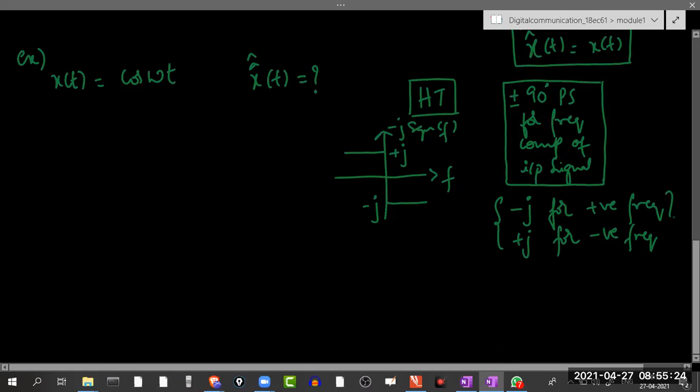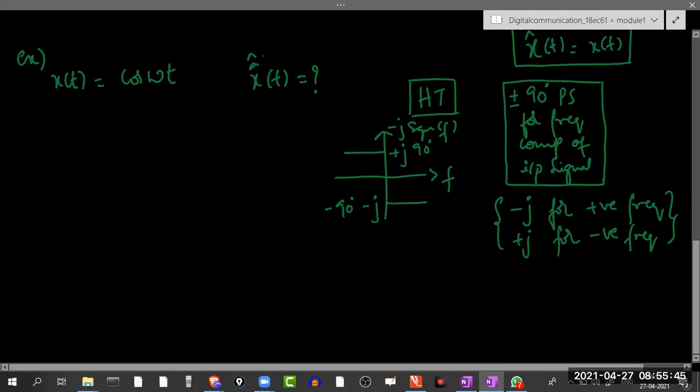So this is what it's trying to do. Here j means positive 90-degree and here I can think of it as negative 90-degree. So it changes the phase by negative 90-degree for positive frequencies and positive 90-degree for negative frequencies.